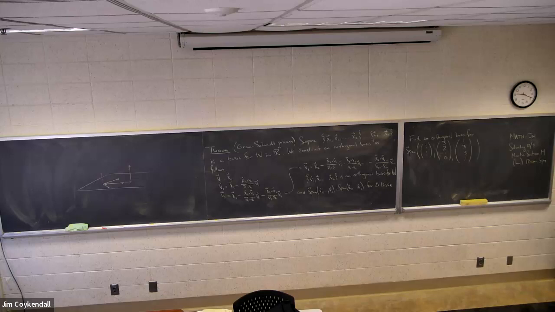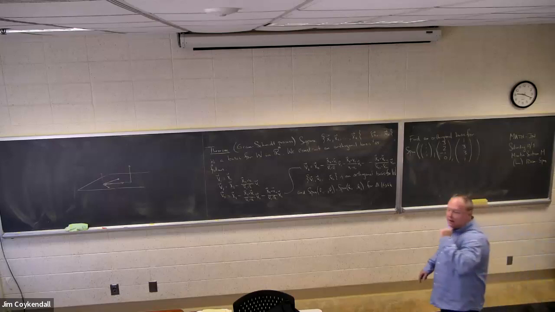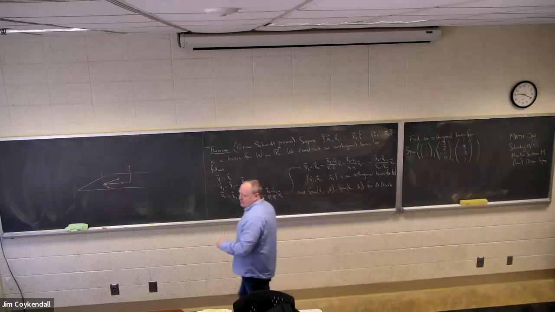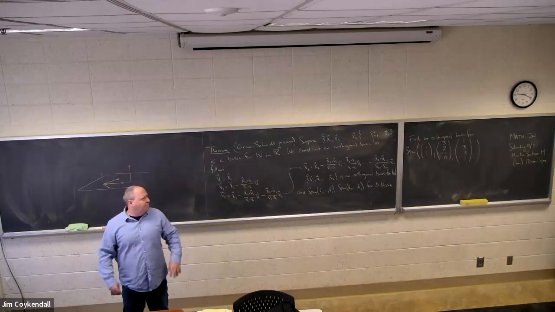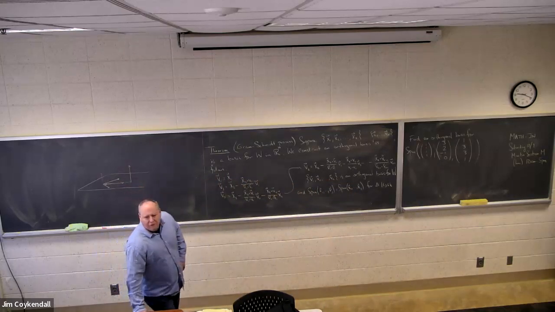Gosh, it does say in the Gram-Schmidt process that I need to start with a basis, right? Well, certainly this is a basis for the span of those three, if they're linearly independent. I'm a lazy man. I don't want to sit here and figure out if they're linearly independent or not.